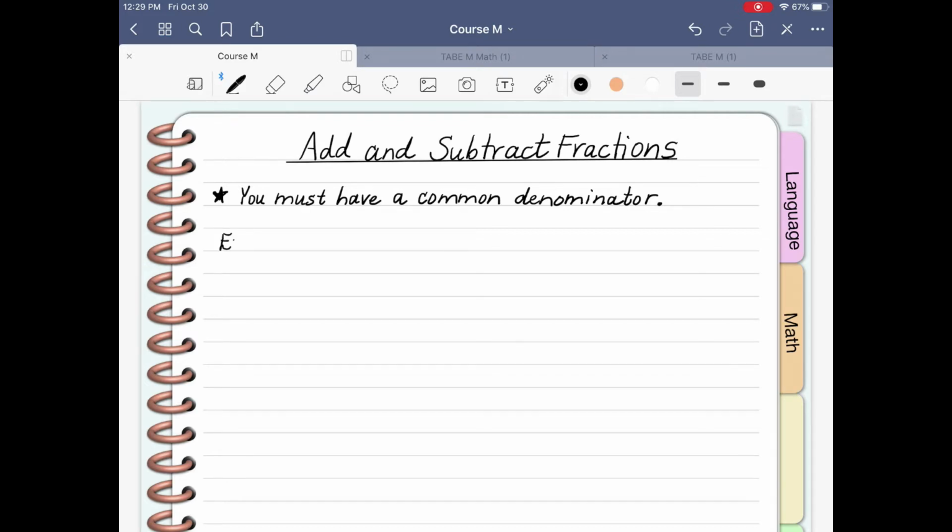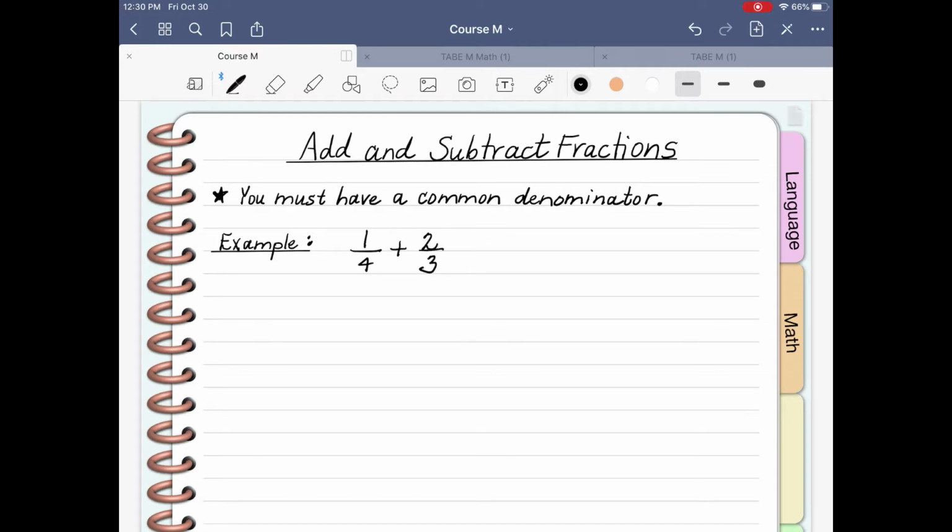Okay, the first example is an addition problem. I want us to do 1/4 plus 2/3.